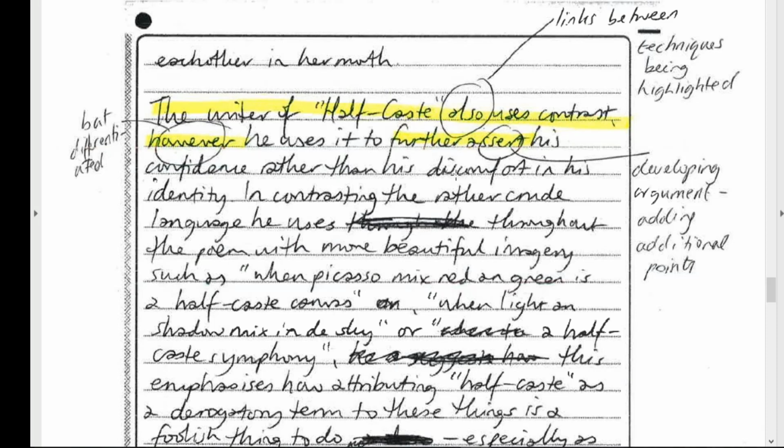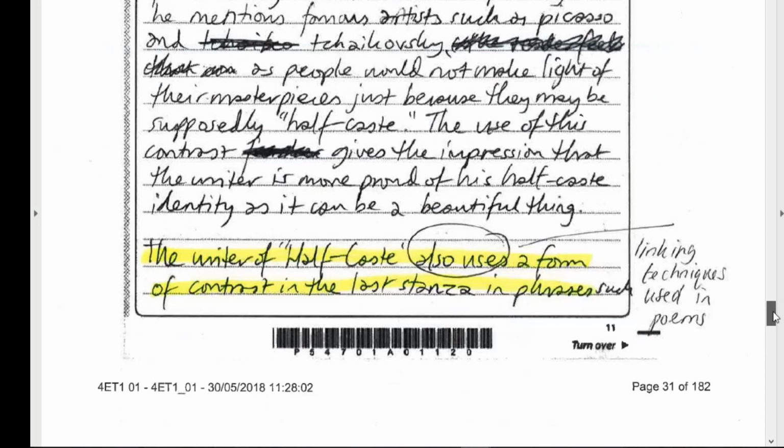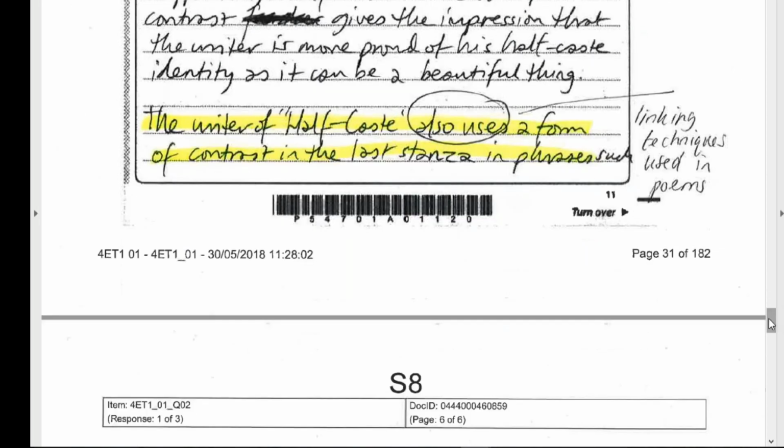The candidate has already said that he asserts something, and this is adding to the impact or the point that the writer is making. They link not only by theme but also by technique. The writer of Half Caste also uses a form of contrast.